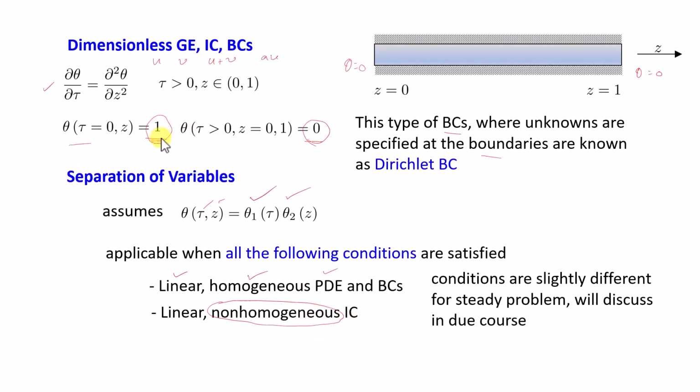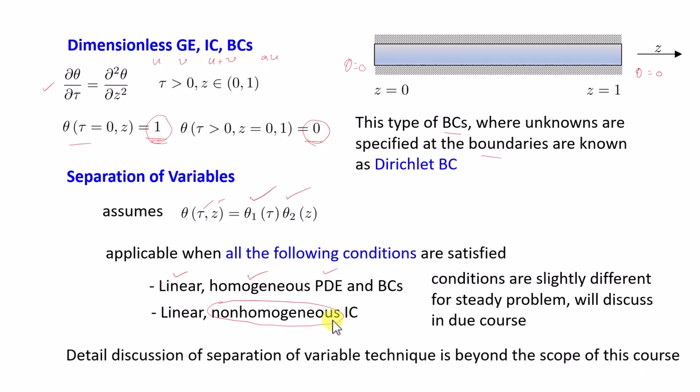Think about if this were also homogeneous, then we would have the trivial solution theta equals 0. That will satisfy everything. But here we have a linear homogeneous equation, linear homogeneous boundary conditions, and a linear non-homogeneous initial condition.